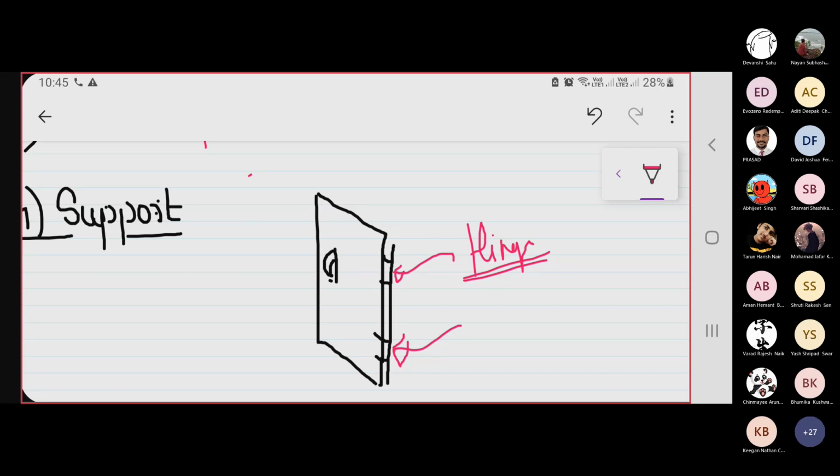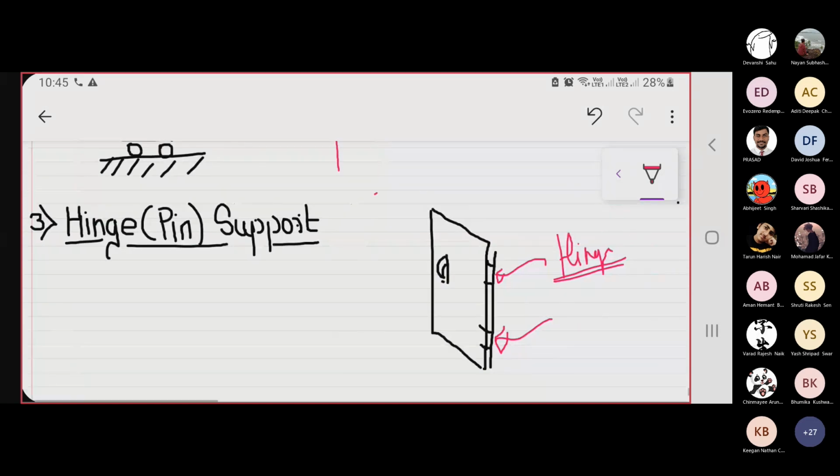So what we understand from here is that the hinge support allows free rotation about the pin end, but it does not allow linear displacement of that end. That means, can you move this door in this direction or in this direction?